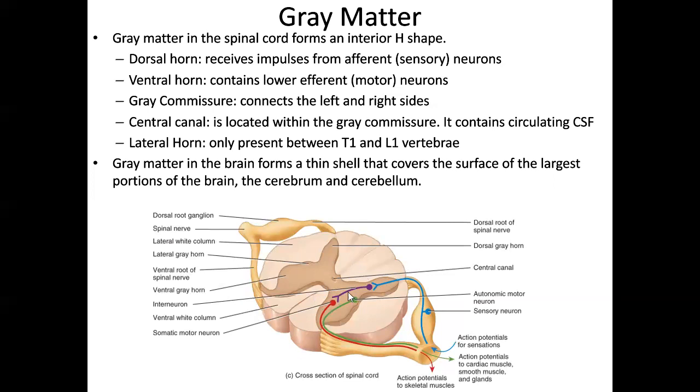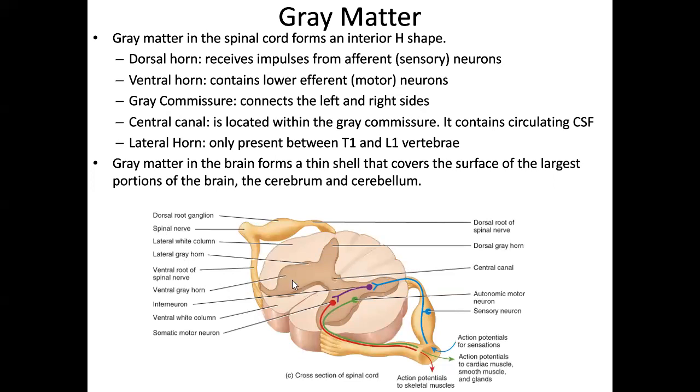In some cases, and you'll see a figure that demonstrates this in a couple of slides, we need the signal to come across to the other side of the spinal cord, and that's where the crossbar of the H comes in, and that's called the gray commissure. It just connects the right and left sides. Now the dorsal horns, once again, are going to be where the sensory signal is coming in.